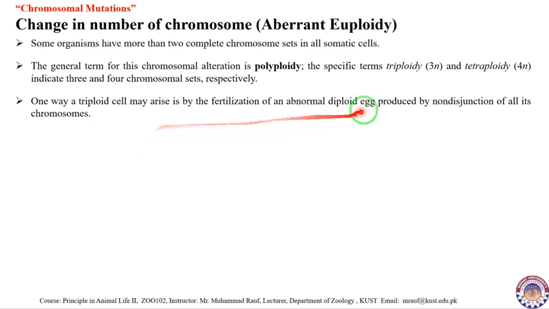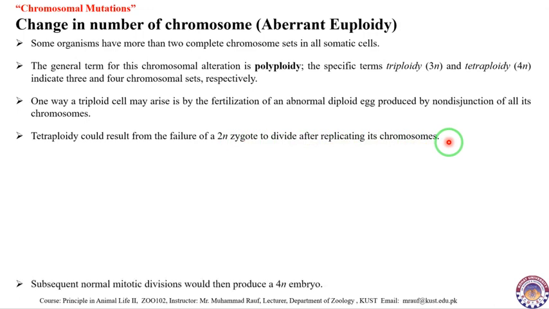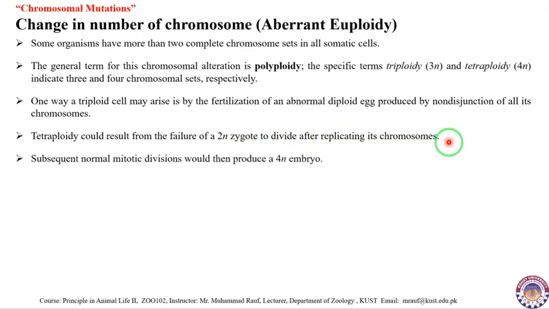If such a diploid egg is fertilized by a sperm, the result will be a triploid cell. Tetraploidy could result from the failure of a 2n zygote to divide after replicating its chromosomes. Subsequent normal mitotic divisions would then produce a tetraploid embryo.